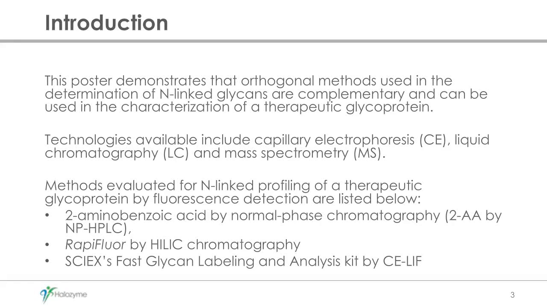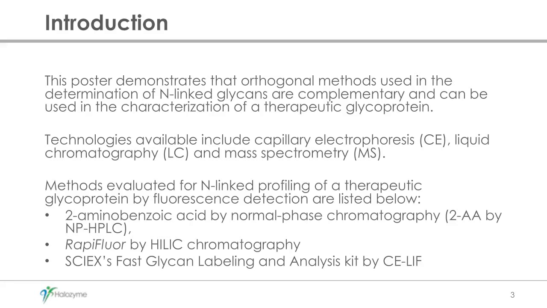So some of the technologies that I'm going to be talking about are the capillary electrophoresis and the LC methods that we currently use at Holozyme. The three methods I've been talking about start with the 2-aminobenzoic acid binormal phase chromatography, and I'm going to go into the details of the method that we currently perform.